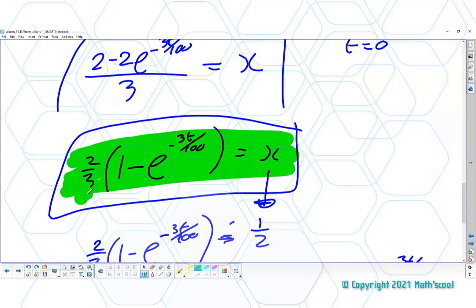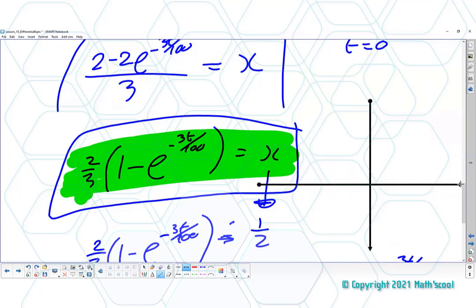This equation is easy to sketch. If you wanted to sketch this, you'd start off with an e to the x graph. Then you've got to squash it by 3/100, in other words, stretch it by 100/3 along the x-axis.